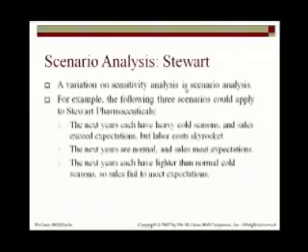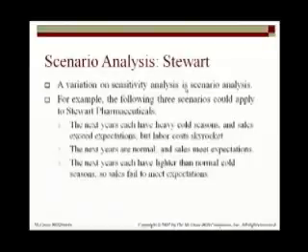Here are some possible scenarios, and there are many others, and this is simply a matter of anticipating what could happen. One scenario is that next year we'll have a heavy cold season, that sales will exceed expectations, but also labor costs might skyrocket. So they're describing a scenario in which both revenue and costs will go up.